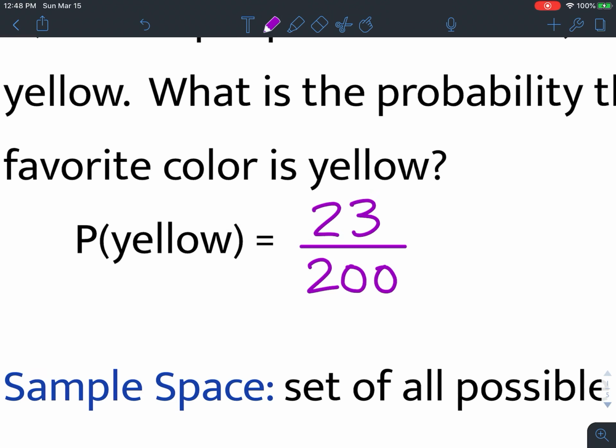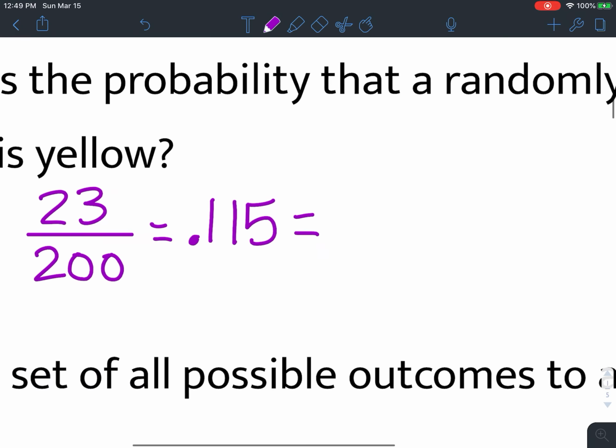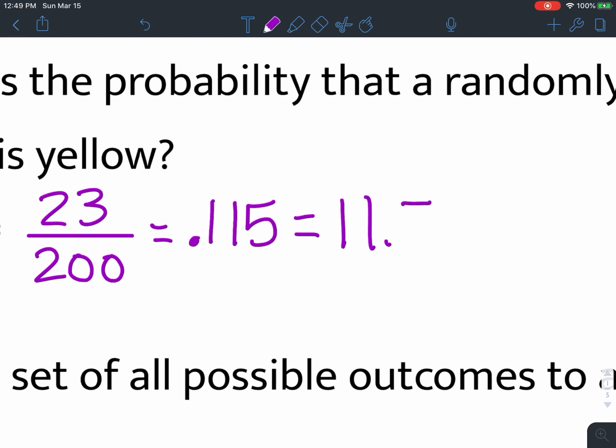Now, let's take our calculators and figure out what that is as a decimal. That's not a fraction that can be simplified, of course, because 23 is a prime number. But if we were to type this in our calculators, we would find that the decimal equivalent is 0.115, or 11.5%.